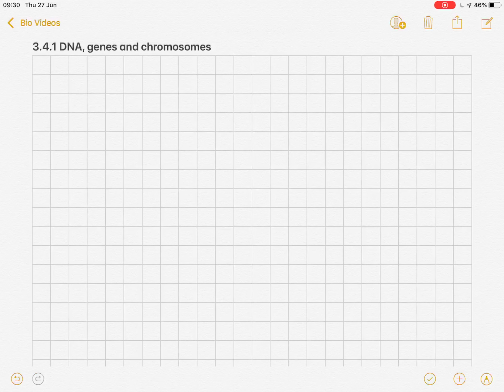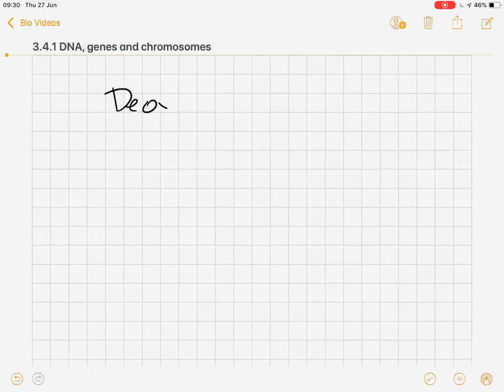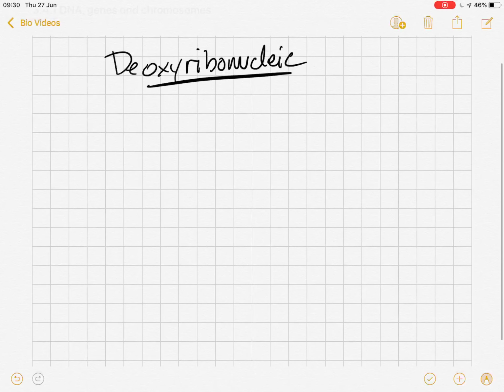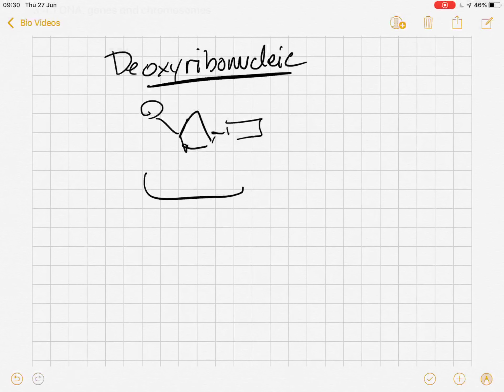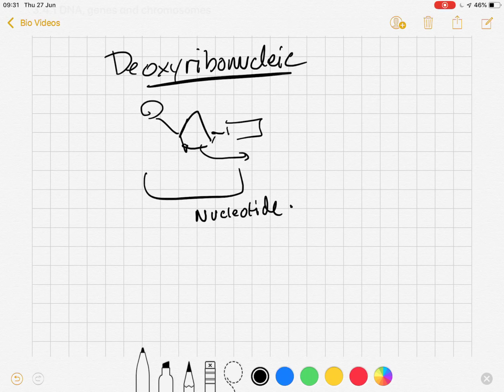So DNA stands for deoxyribonucleic acid, and DNA is made up of a series of monomers called nucleotides. So this whole thing is a nucleotide. It has a sugar called a deoxyribose sugar, which is where the name comes from.